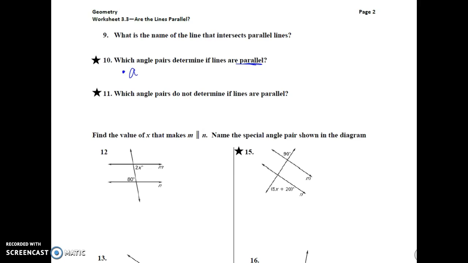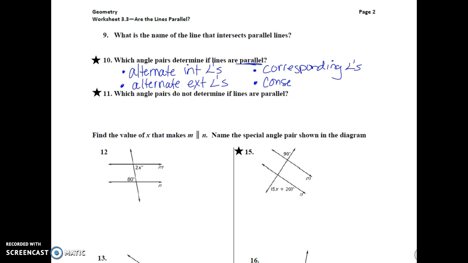The ones that work for parallel lines are alternate interior angles and alternate exterior angles, corresponding angles, and consecutive interior angles. Those are the only angles we can use to draw conclusions if our lines are parallel.